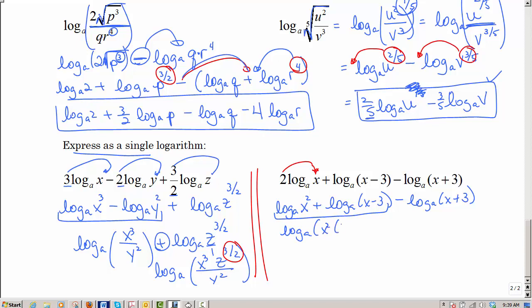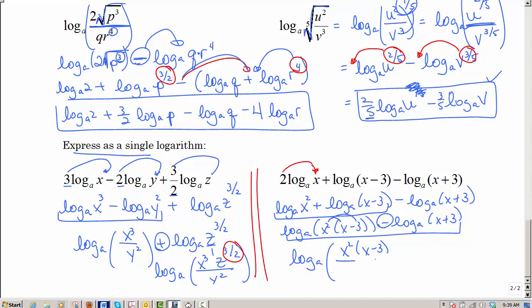So this would be x squared times x minus 3. Now if you want to distribute your x squared, you can. That would be alright. I'm not. Now I have these two with a minus sign, so our quotient rule says I can divide them. And that would be my single logarithm.